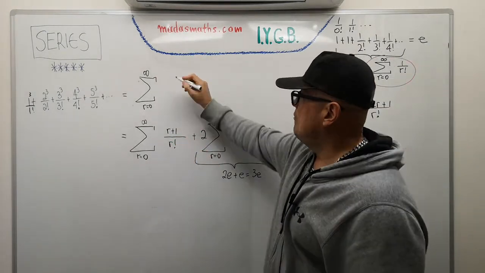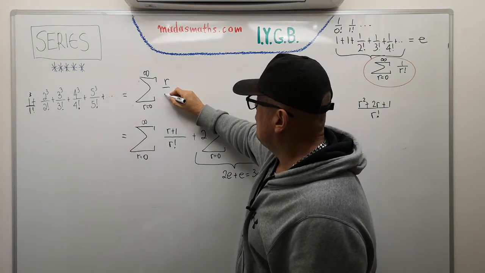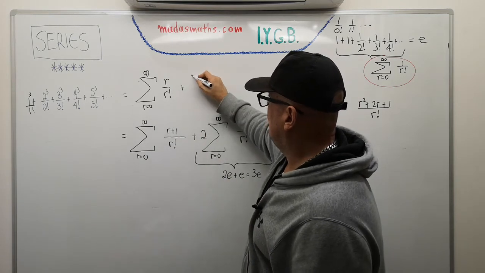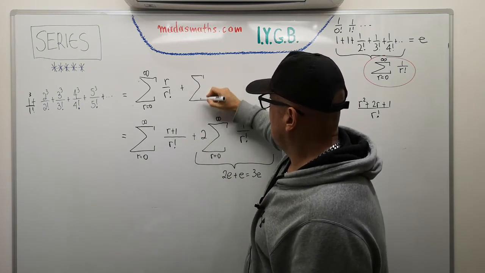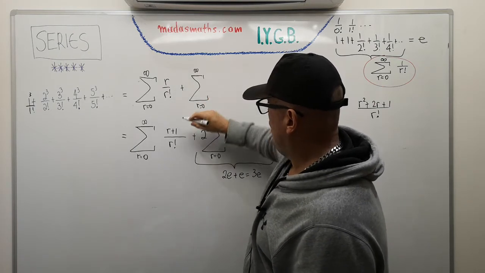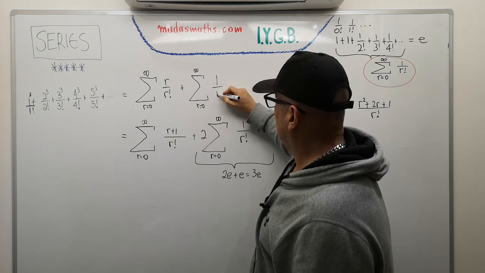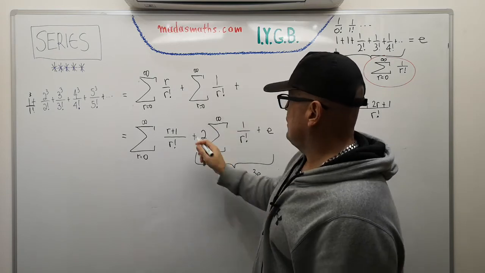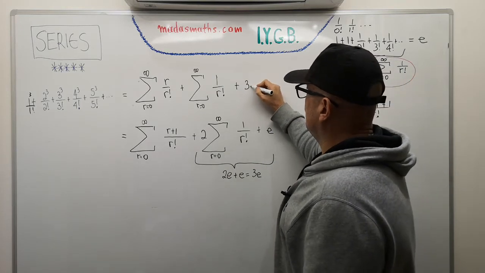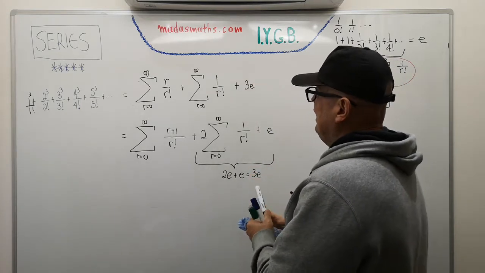So I'm going to have r divided by r factorial plus another sigma, again running from 0 to infinity, 1 over r factorial, plus, of course, these 2 sums is this, and of course I need to add 3 lots of e at the very end.